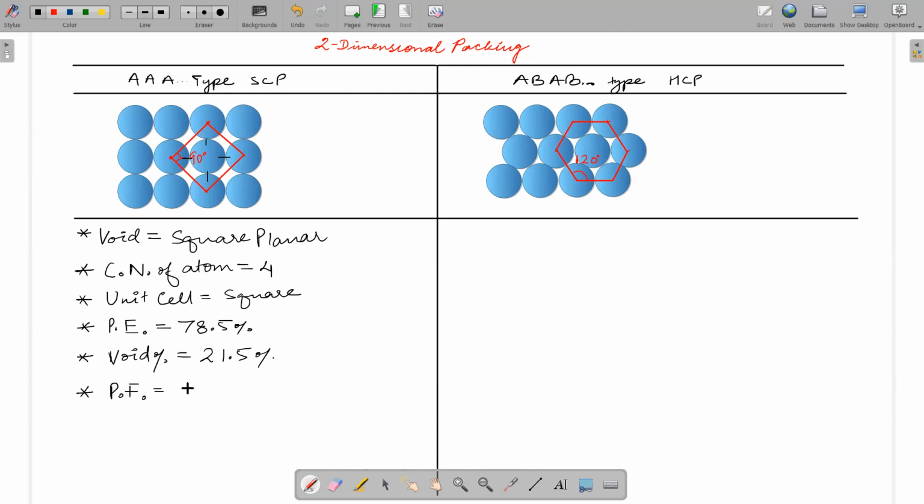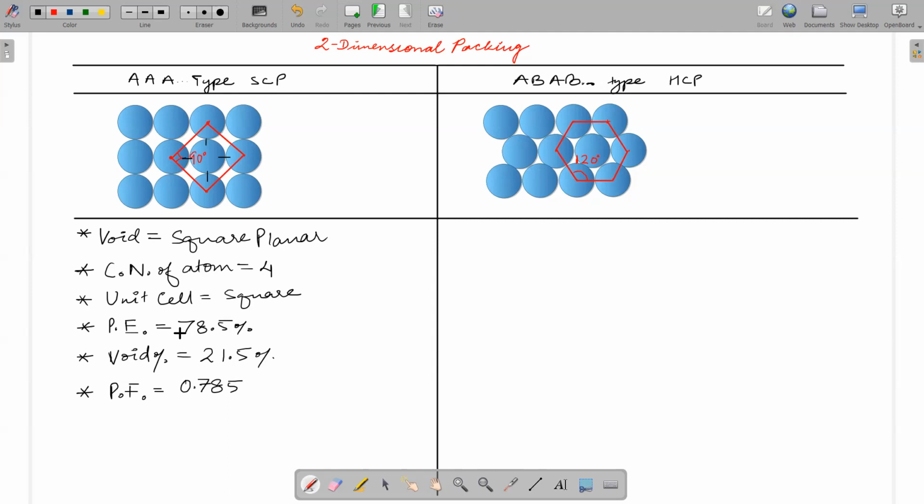Just divide the 78.5 by 100. You will get 0.785. Because you remember in packing fraction the into 100 was not there. So you can just divide the packing efficiency by 100.